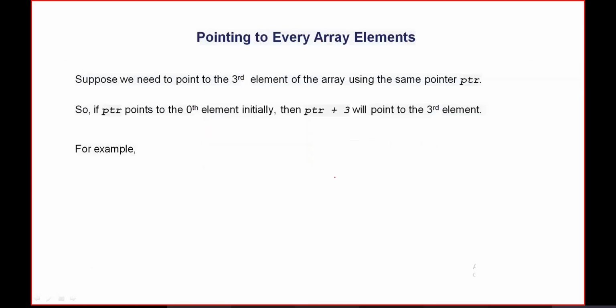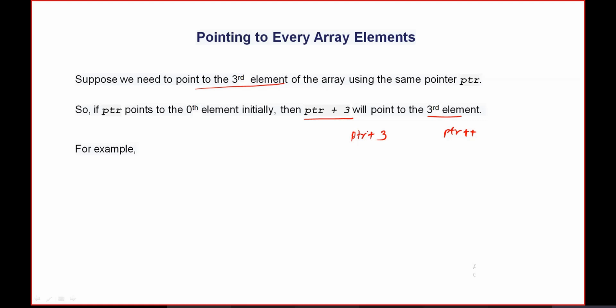Fine. Suppose we need to point at the third element. So what we can do is we can simply add ptr with 3 so that it now points at the third element. Just now we discussed by ptr plus plus, we are making the pointer point at the next block, but we can simply go ahead by as many blocks as we want by mentioning the count over here, right?